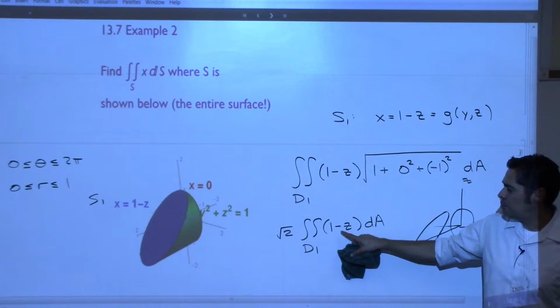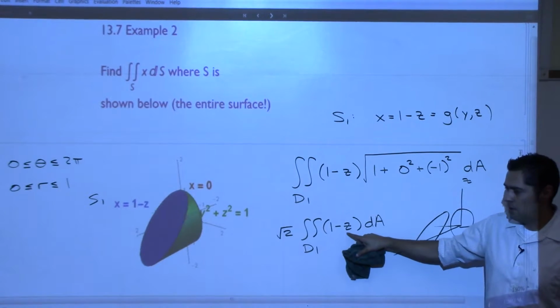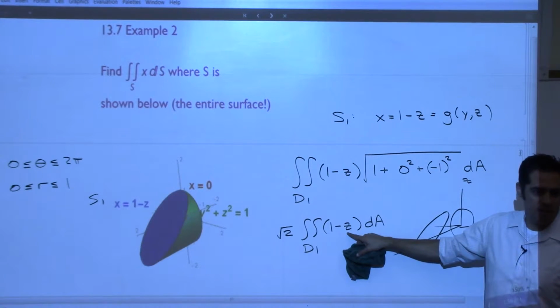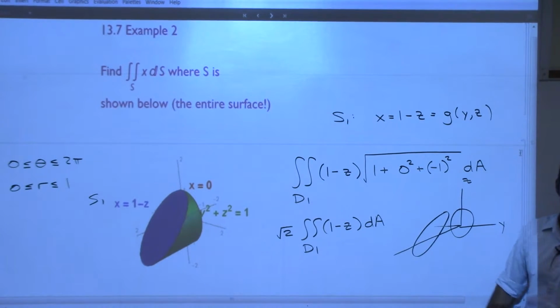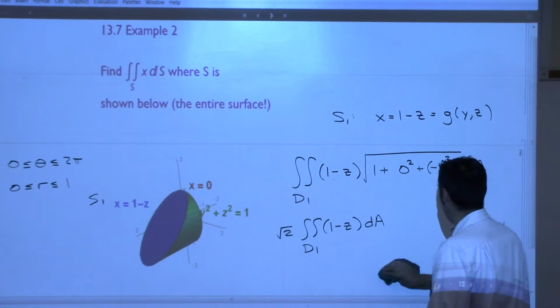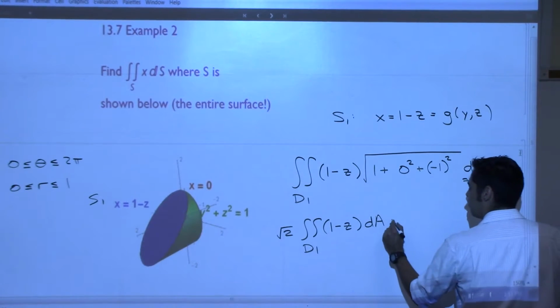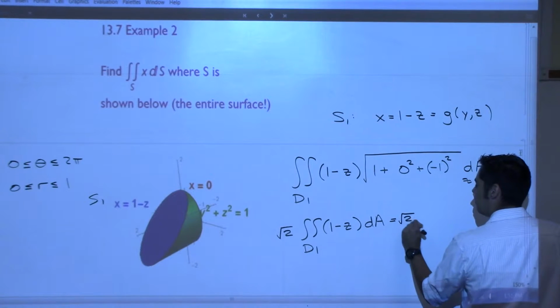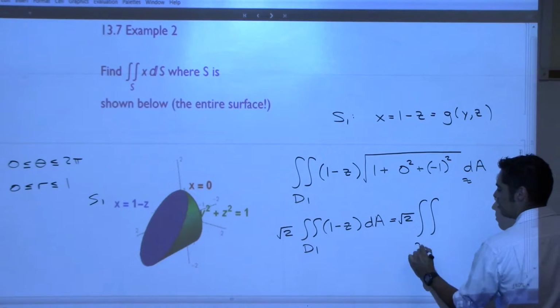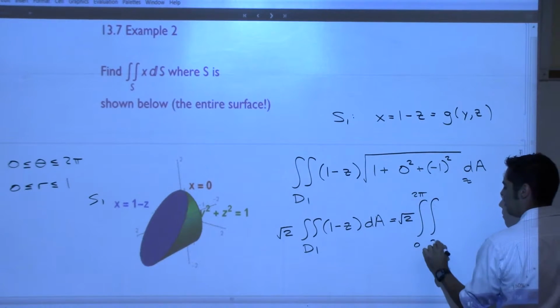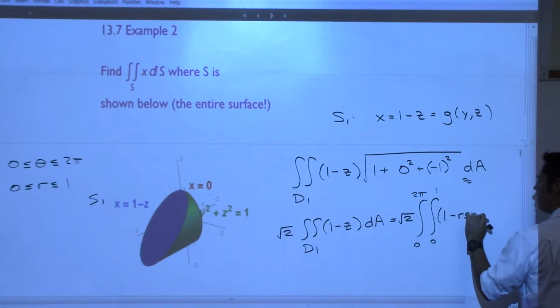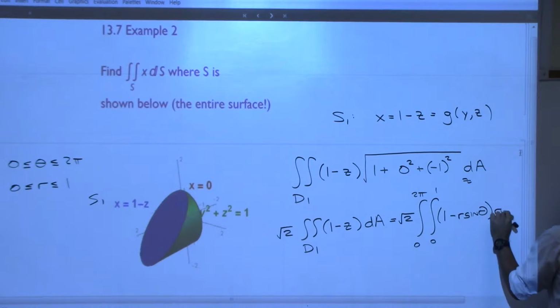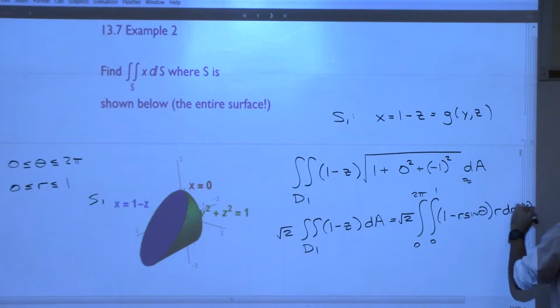So I'm going to make this 1 minus r sine theta, r dr d theta. I'm getting nods of approval, which is why I'm continuing here. Root 2 integral, now I'm going to change it: 0 to 2 pi, 0 to 1, 1 minus r sine theta, r dr d theta.